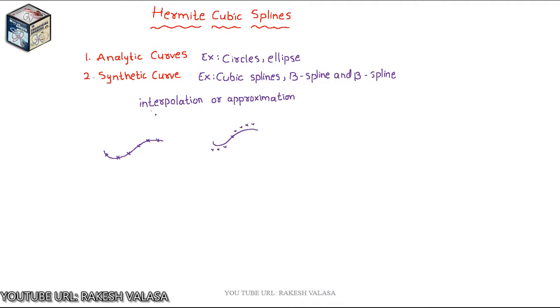These synthetic curves are divided into three types. One is Hermite cubic spline curve. Cubic means order is 3.